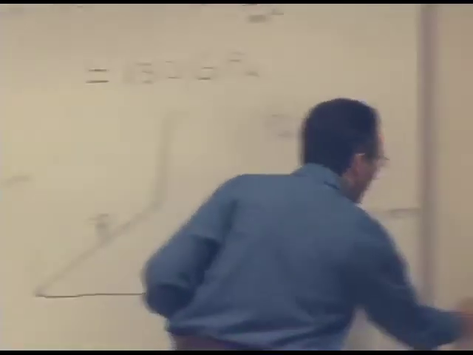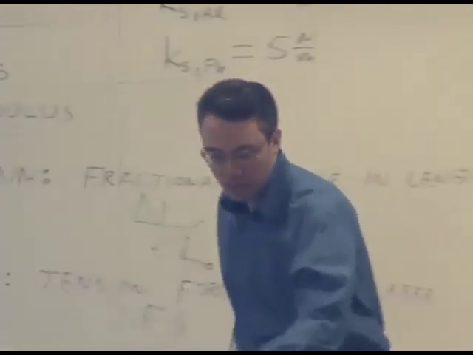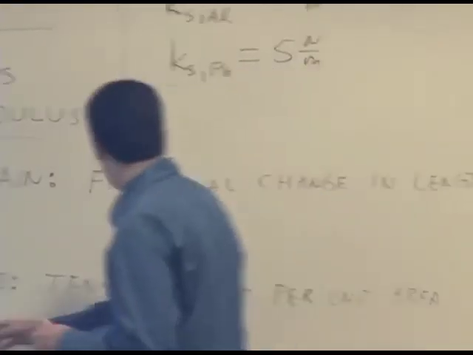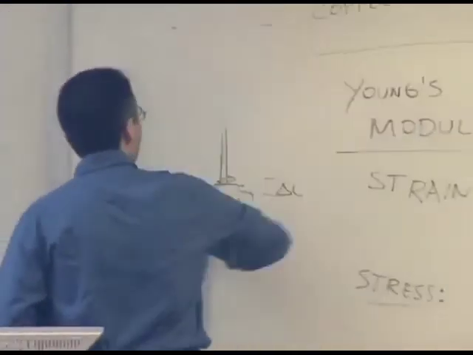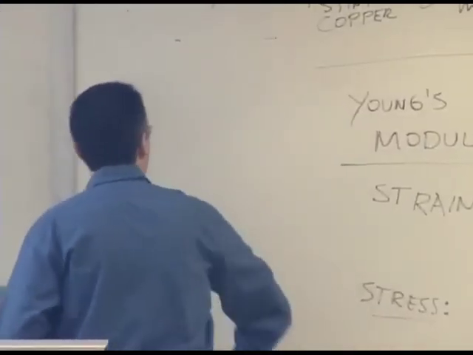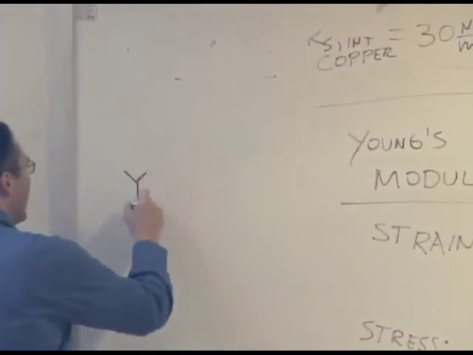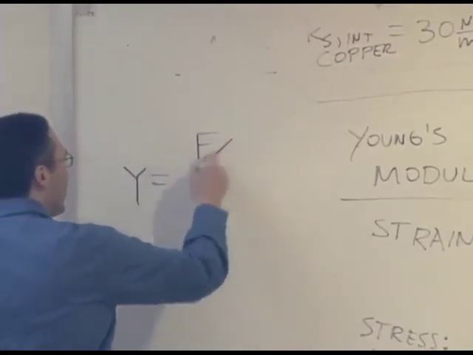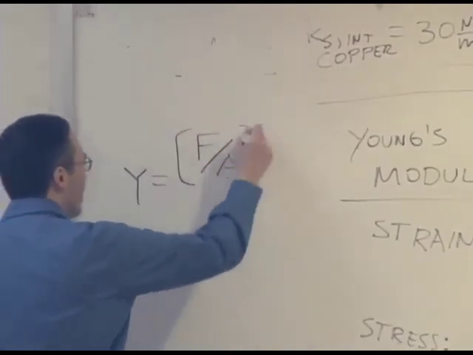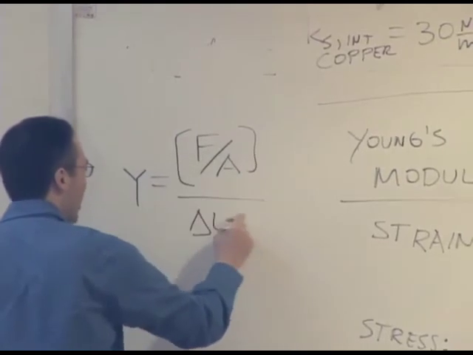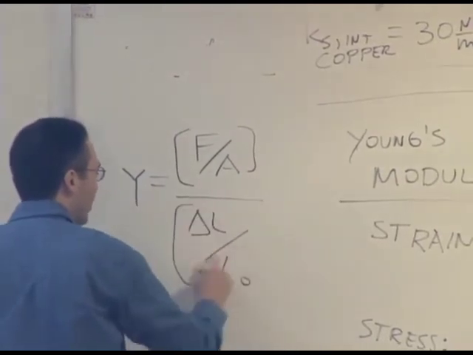Okay, let's try maybe a question or two. Let me write the relationship again here so we can see it. So we have Young's modulus is force per unit area divided by change in length over original length.